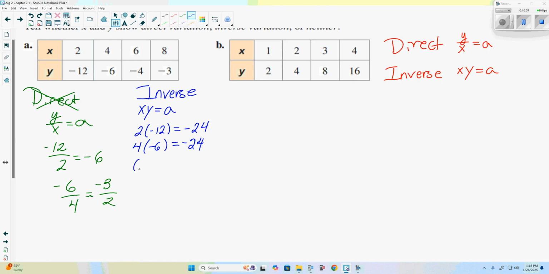Okay. Our next one after that is 6 times negative 4, which is negative 24. And lastly, we have 8 times negative 3, which is negative 24. Do we have the same constant amount each time? Yes. So that means that this here is an inverse variation.